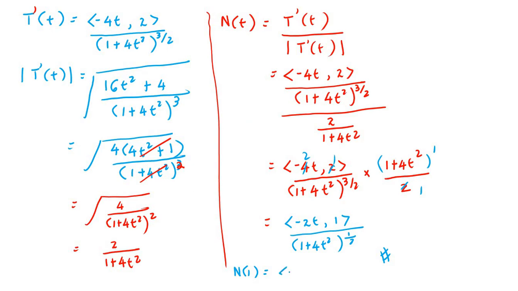We have negative 2i plus 1j, and here it becomes 5 to the power half, because t is 1. The answer: when t equals 1, N(1) is negative 2i plus j divided by square root 5, because when we plug in t equals 1 this is 5, so power half is square root 5.